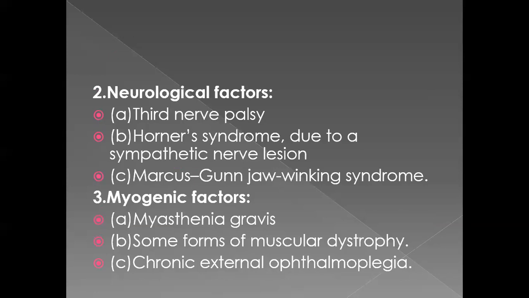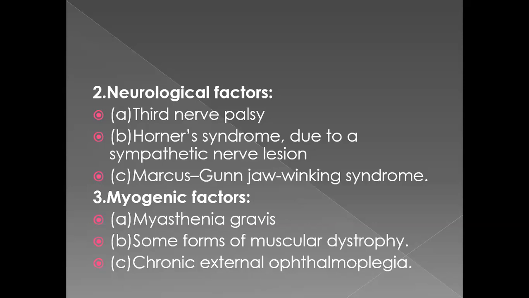The reasons why a patient gets ptosis due to neurological factors. Number one, the nerve that supplies the muscle which opens the eyelid. As we know that in ptosis there is failure to open the eyelid. So the nerve which supplies the levator palpebrae superioris is the third nerve.